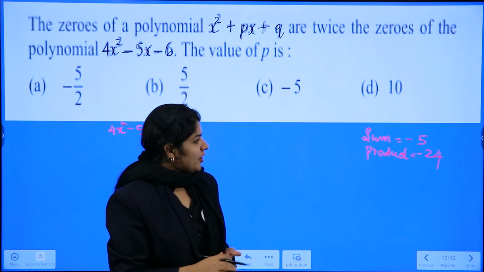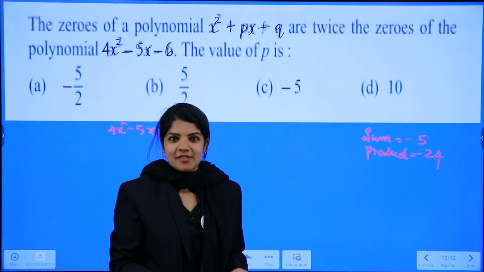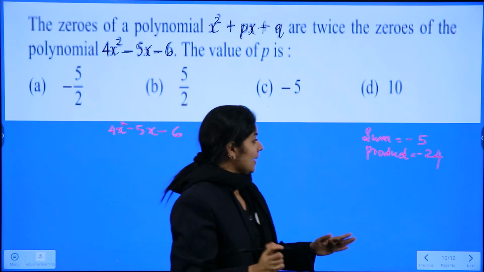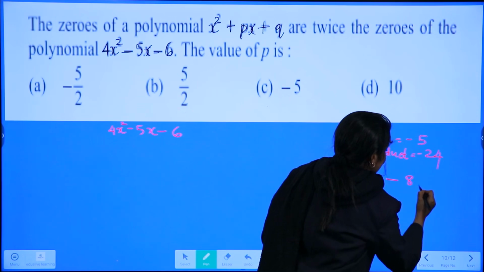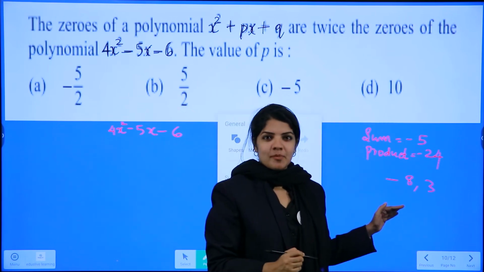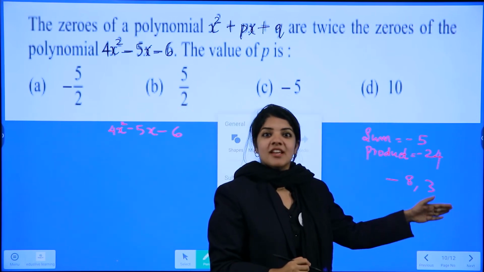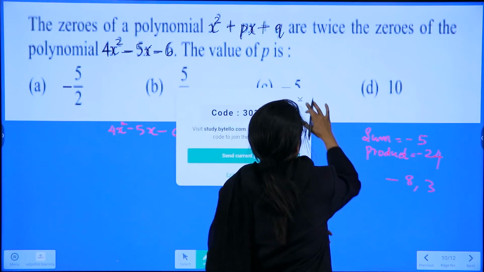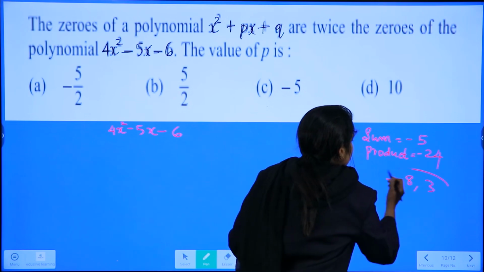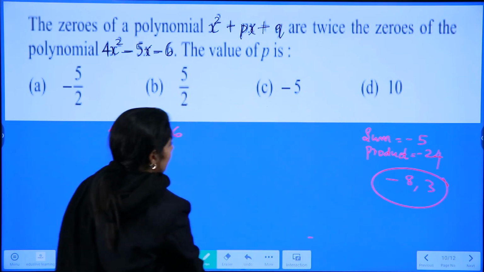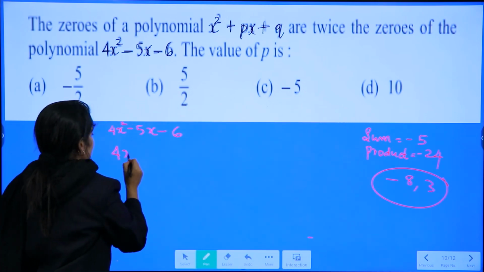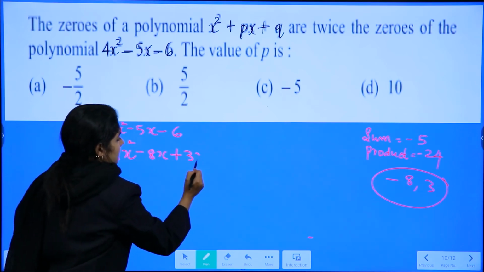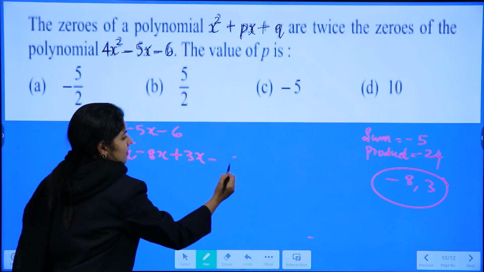What are the numbers? Can you guess the numbers whose sum is minus 5 and product is negative 24? Yes, the numbers are minus 8 and 3. Just add the numbers. Minus 8 plus 3 is minus 5, and minus 8 times 3 is minus 24. So instead of minus 5x, I will write minus 8x plus 3x, then the last term minus 6.